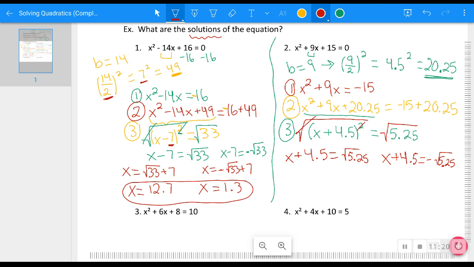All right. Then all we have to do is subtract 4.5 over in both of them. So this one is going to be positive square root of 5.25 minus 4.5, which you can type in your calculator because we're okay with decimals. And that's going to come out to be negative 2.2.